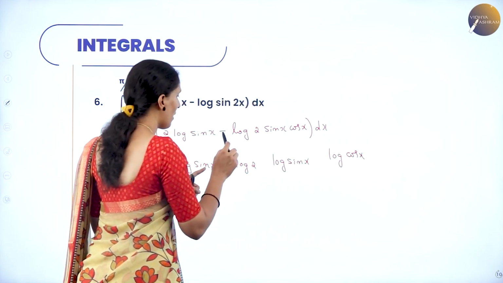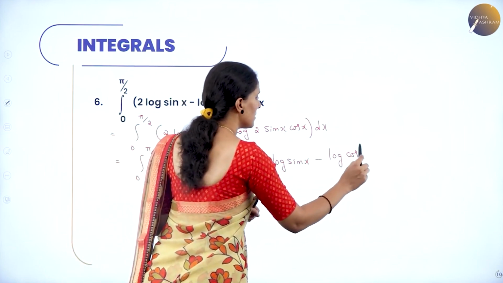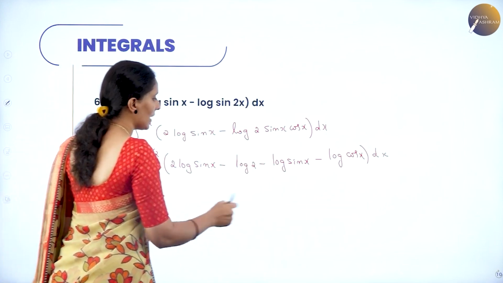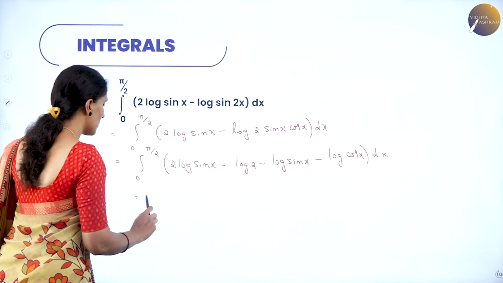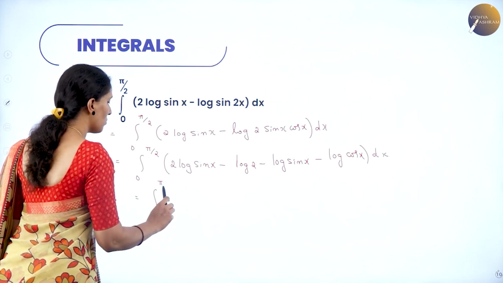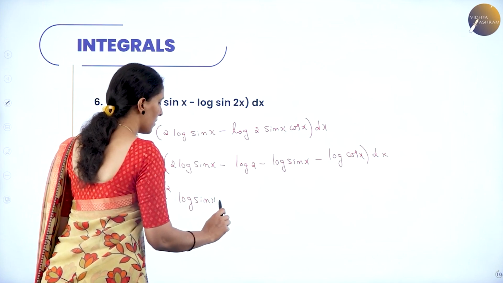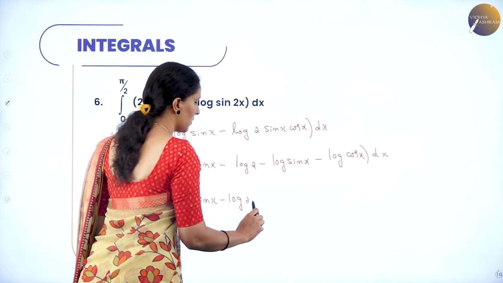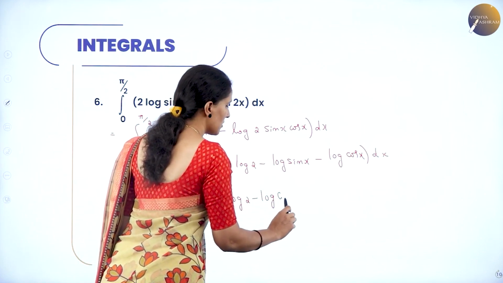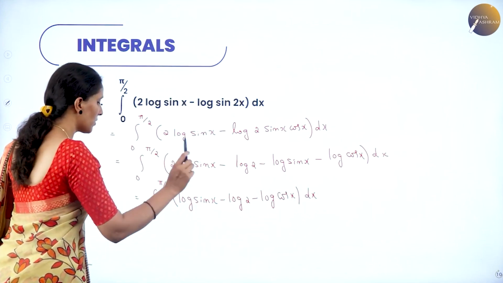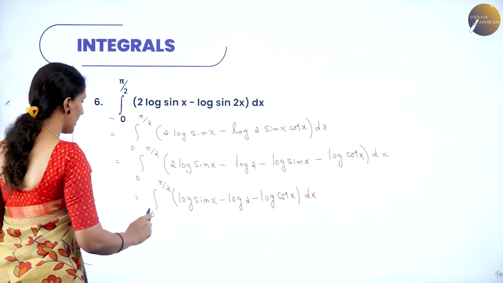Now since outside you have a negative, these 3 become negative with respect to dx. 2 log sin x minus log sin x becomes integral 0 to pi by 2 of log sin x minus log 2 minus log cos x dx. Okay, so this is what we got. So now we have evaluated.